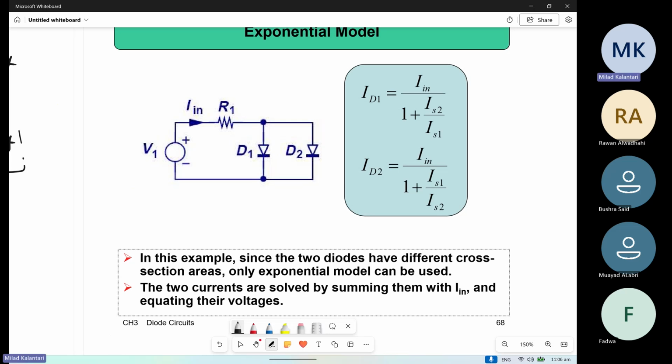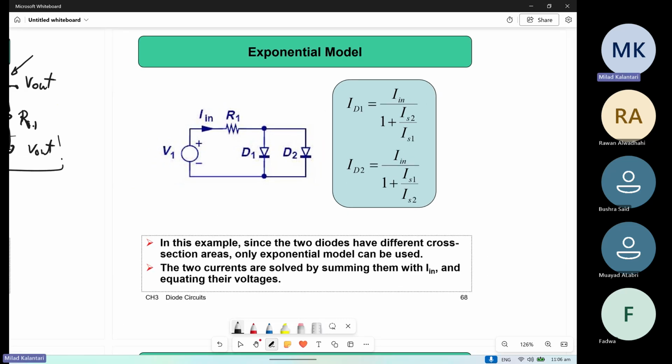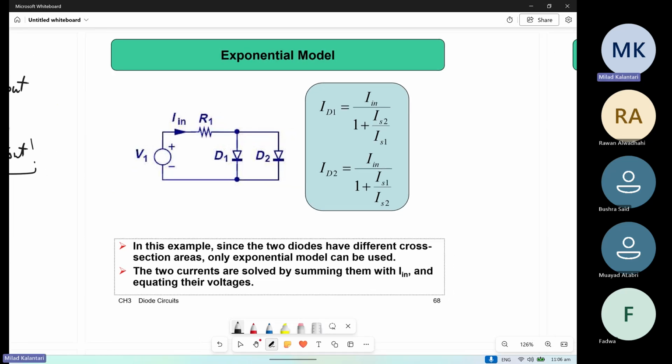So far we started with the very ideal model. Then we went through modeling with a constant VD on, right? But we remember that the actual model for the diode is the exponential model. So when is that exponential model useful?